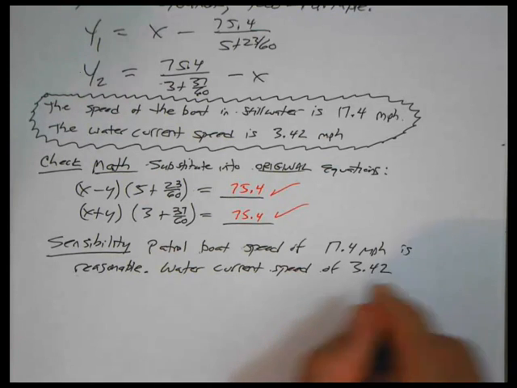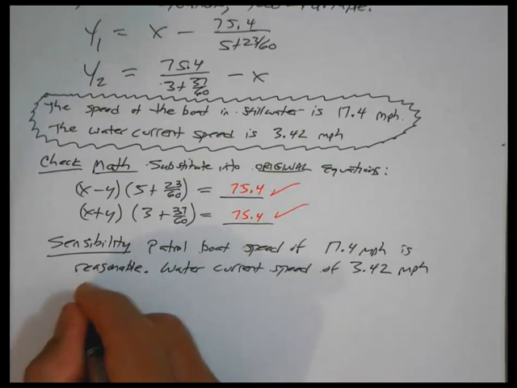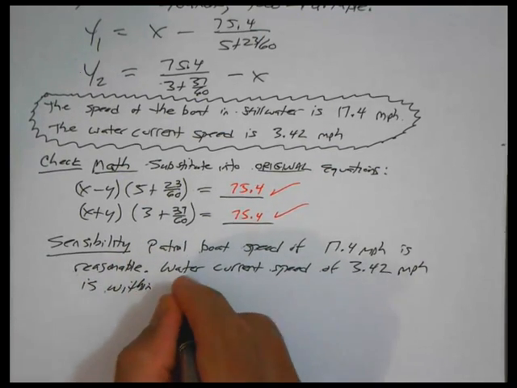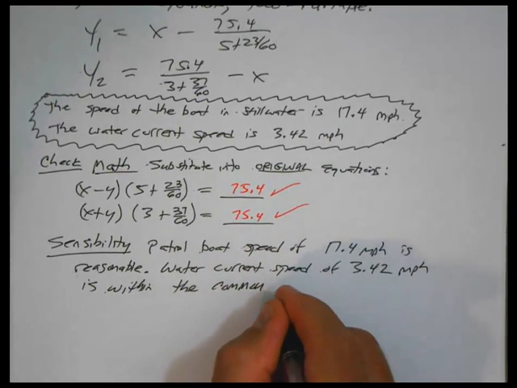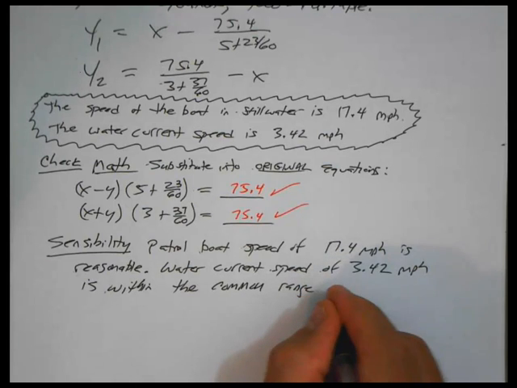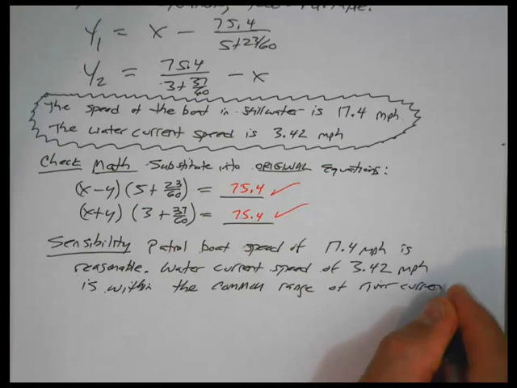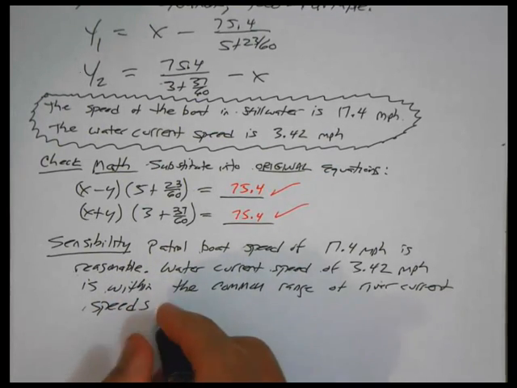So we could say this water current speed of 3.42 miles per hour is within the common range of river current speeds worldwide.